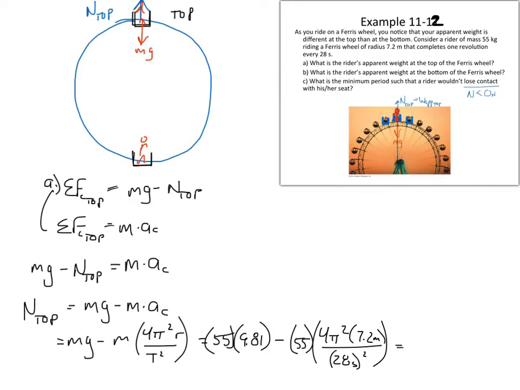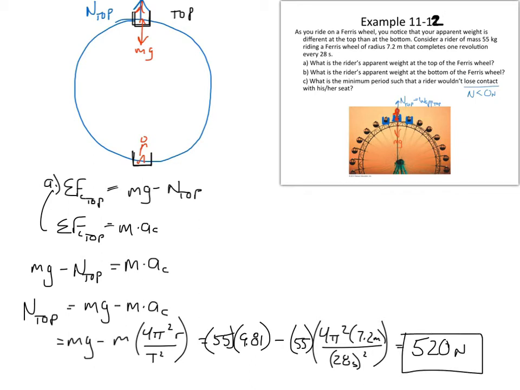All right? Let's see what we get. Let's find out what the normal force, or that is their apparent weight, is at the top of the Ferris wheel. And I get a grand total of 520 newtons. I'm rounding it up to the nearest whole newton.